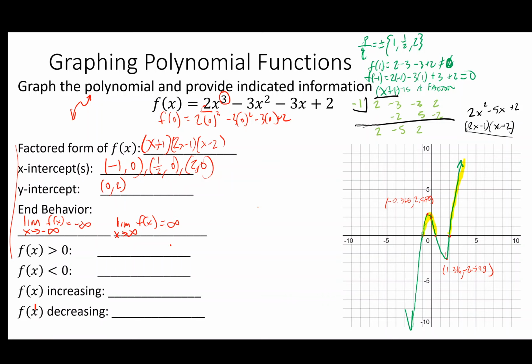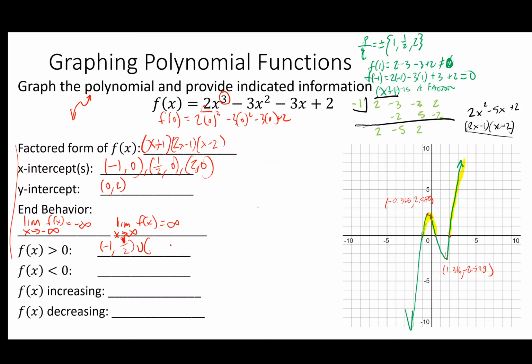So it is greater than 0 everywhere from negative 1, not including negative 1, because it is 0 there, until the next 0, which is 1/2, not including 1/2. Then union, and we pick back up at the last 0, which was 2, and then it goes forever. So that is when f of x is greater than 0.